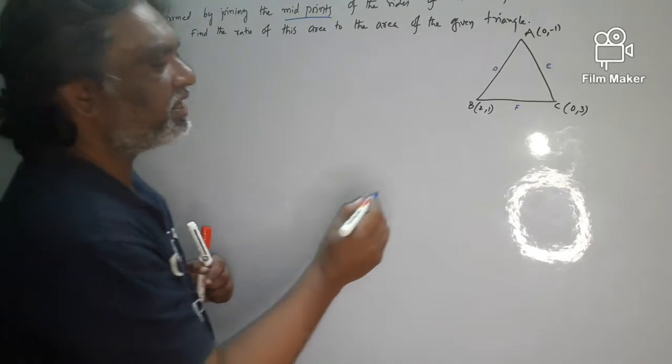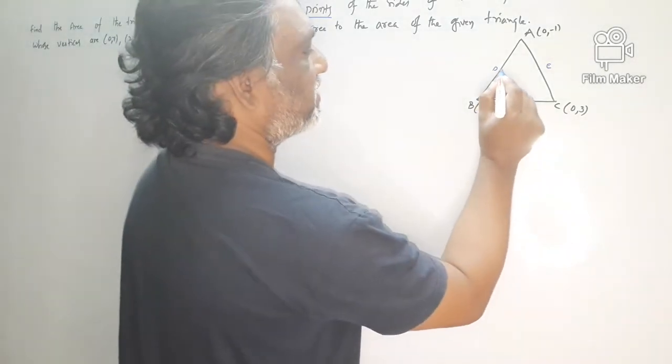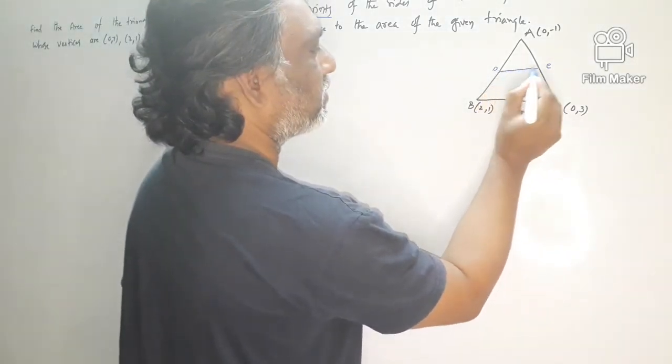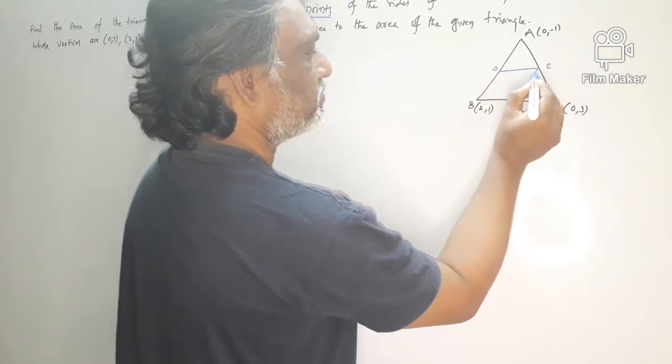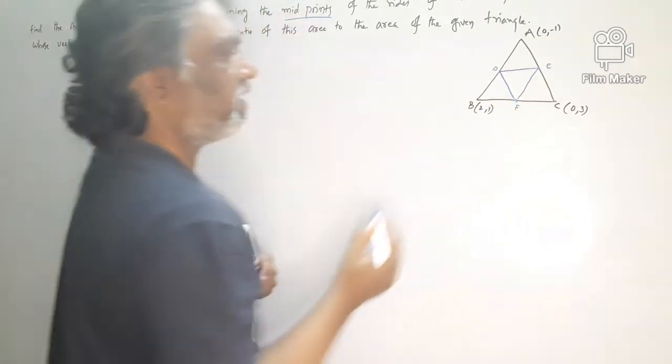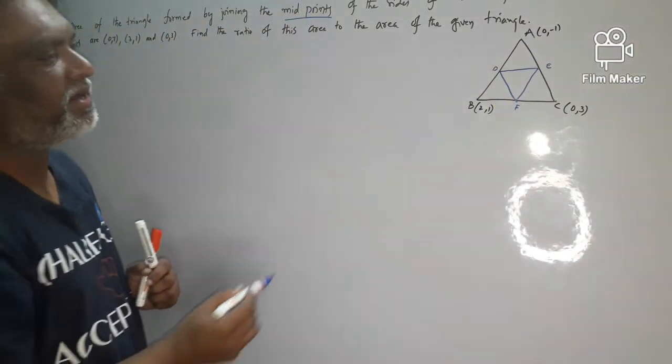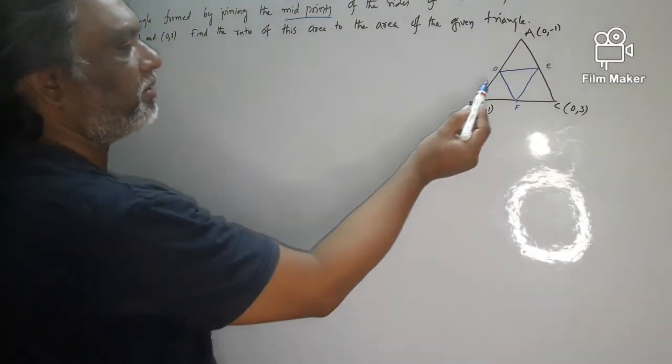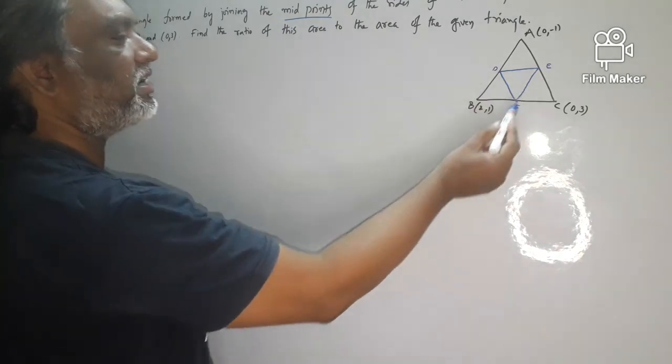Now join these midpoints. Now a triangle is formed, named triangle DEF.